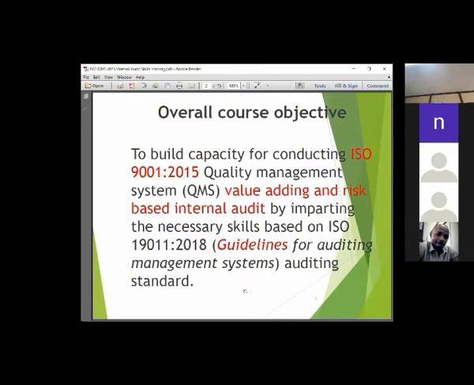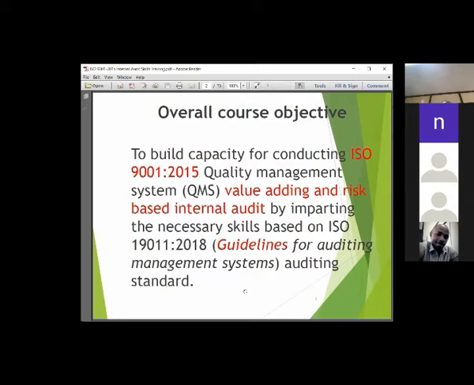So we are training to build capacity for value adding and risk-based internal audit by imparting the necessary skills based on that standard written there, 19011. So there is a guideline standard for auditing, and this training will be based on that very standard, 19011.